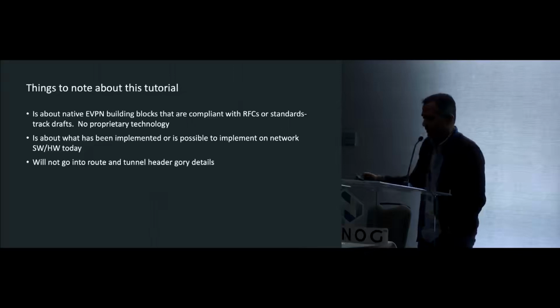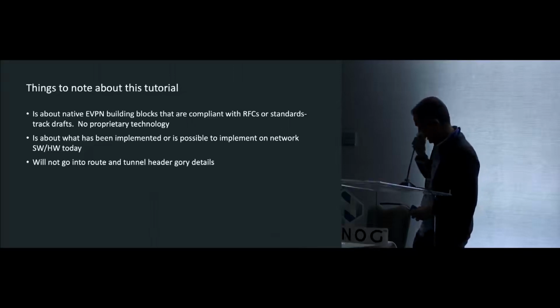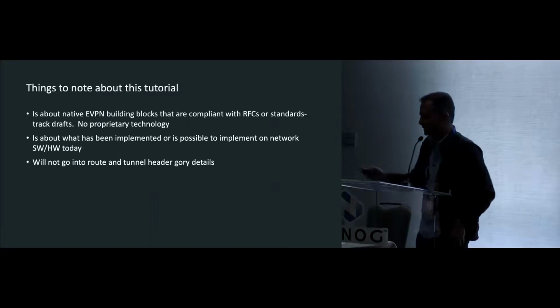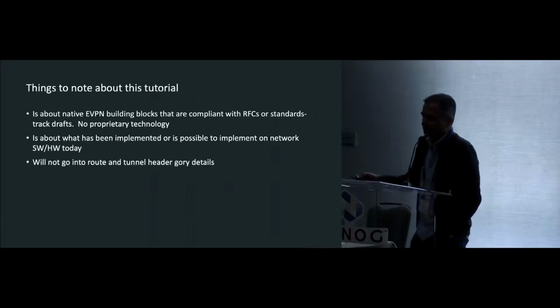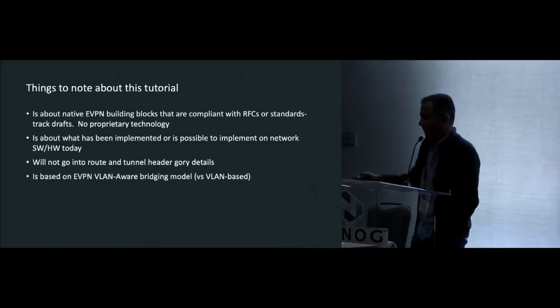So I will not go into route and tunnel header details, although some of this may be straightforward for most of you, and for some it might be a little bit too much detail. The model that I'm going to be using here is the VLAN-aware model.